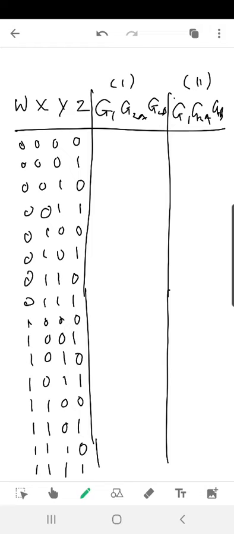These are the 16 combinations which are possible for our 4 inputs WXYZ.